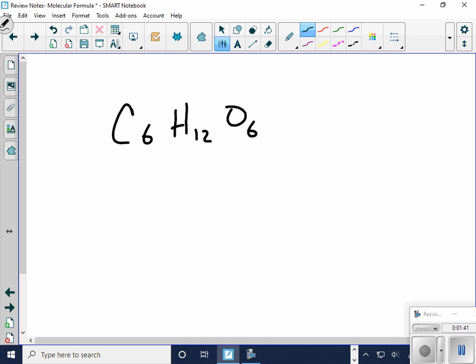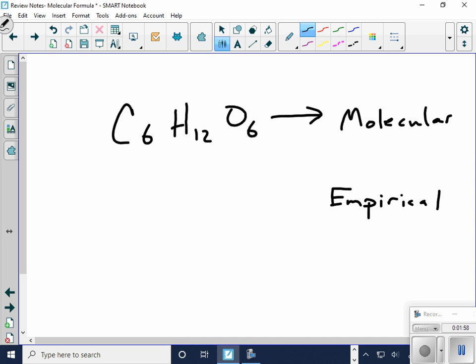I can factor a 6 out of everything, right? So, glucose right here is a molecular formula because the empirical formula is going to be the reduced version, which would be CH2O.